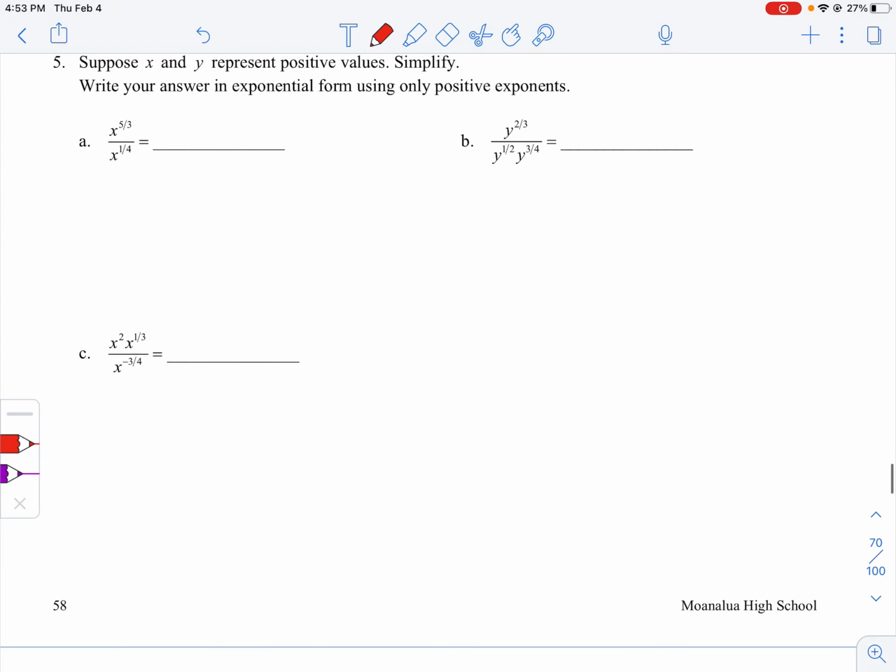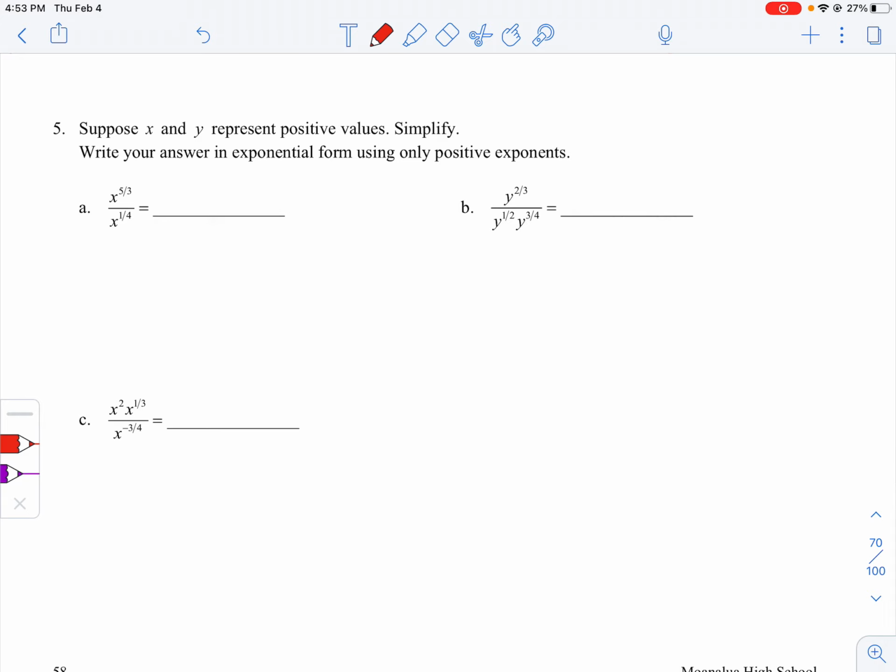Okay, number 5, let's go. We have x to the power of 5 over 3 divided by x to the power of 1/4. What do we do when we divide variables? Do we subtract the exponents?